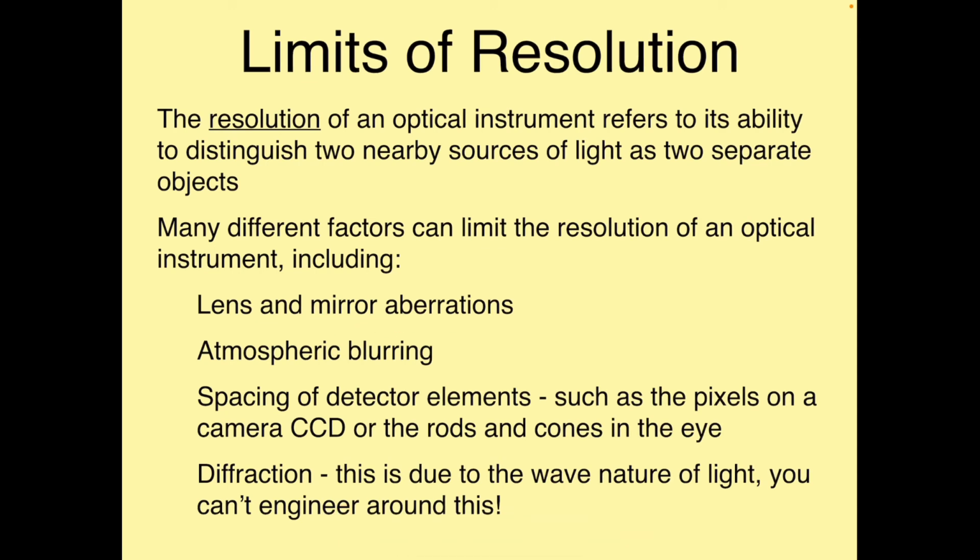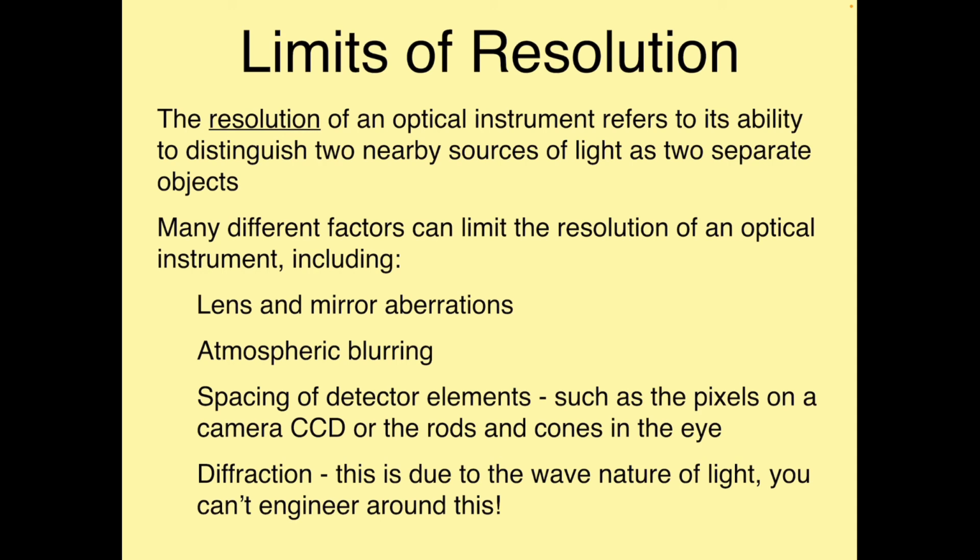And whenever we use an optical instrument on Earth, we're going to be dealing with atmospheric blurring. The idea is when light travels through the air, it can be distorted, particularly if there's a lot of turbulence in the air. That's atmospheric blurring. This is especially important in astronomy when we use ground-based telescopes.